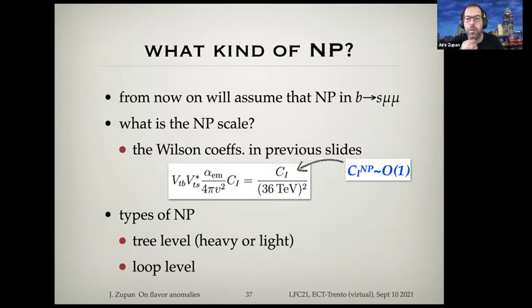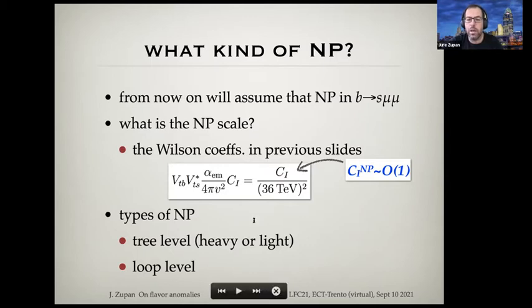So what kind of new physics could we be talking about? All these Wilson coefficients had order 1 deviations in this normalization, where the normalization was in 36 TeV. So new physics will be order 40 TeV or so, if the couplings are order 1.